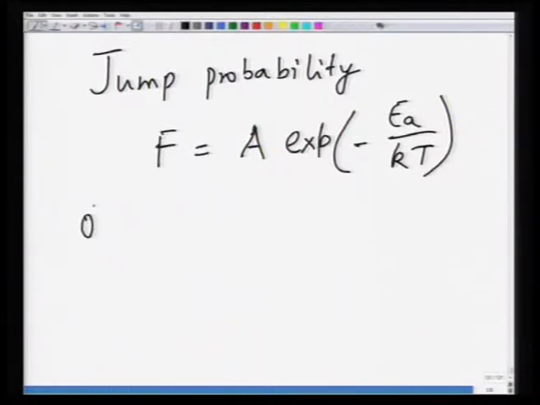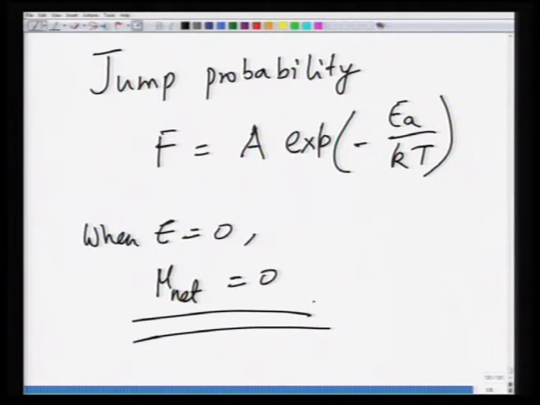Now, what happens when you apply an electric field? When E is 0, even for a polar material like water, the mu net is equal to 0, since there is randomness associated with the jumps.